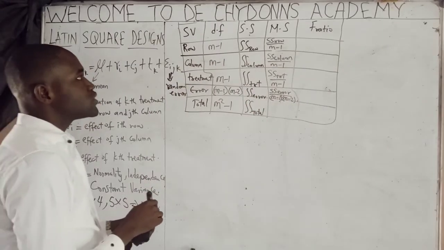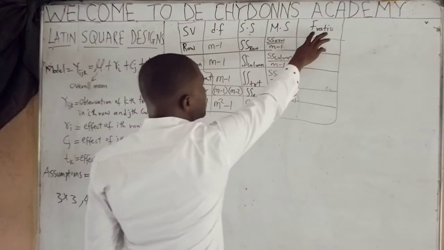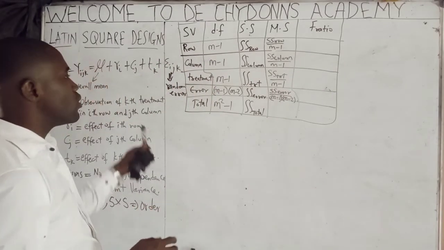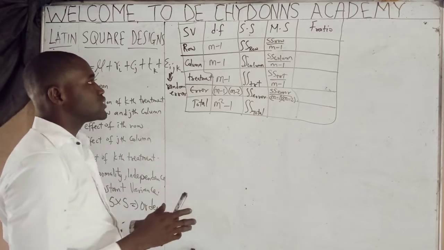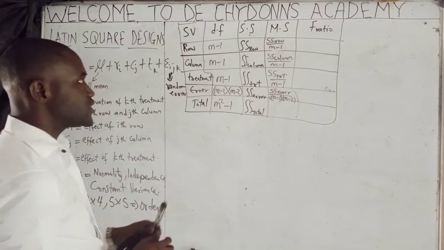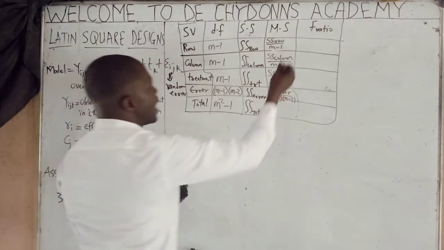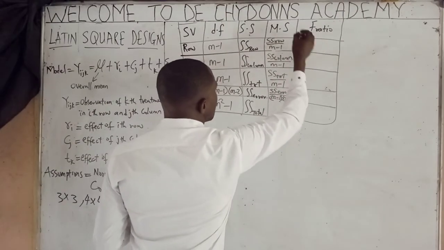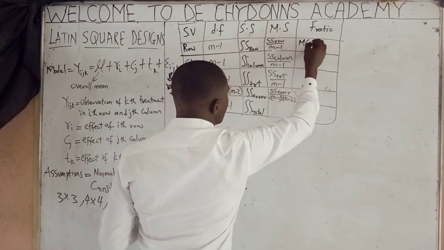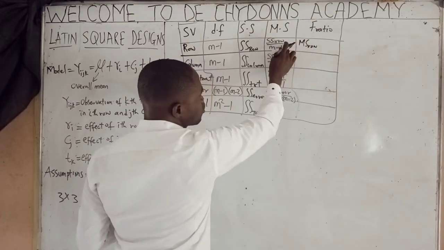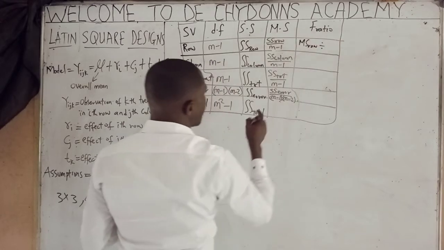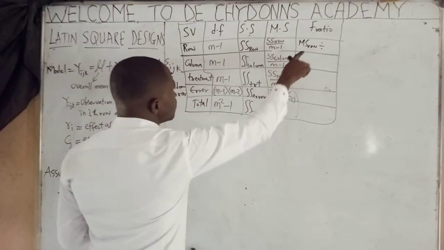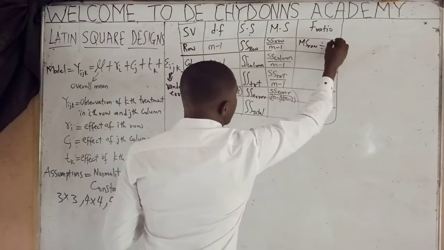Then F ratio simply means this F we are seeing here is named after the scientist who made an impact in introducing this topic, Fisher. So we now say F ratio. F ratio means we have MS row divided by MS error.